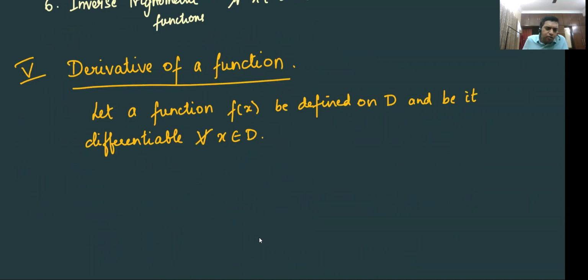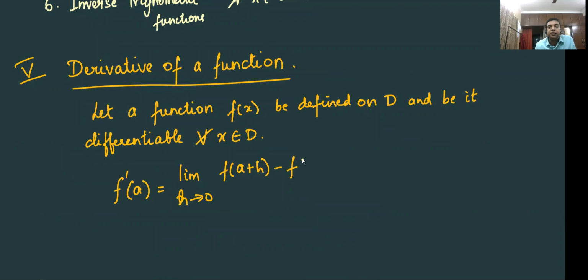Now I don't want to find the derivative. Say f dash a means the slope of the tangent at a. As h tends to 0, f of a plus h minus f of a by h.